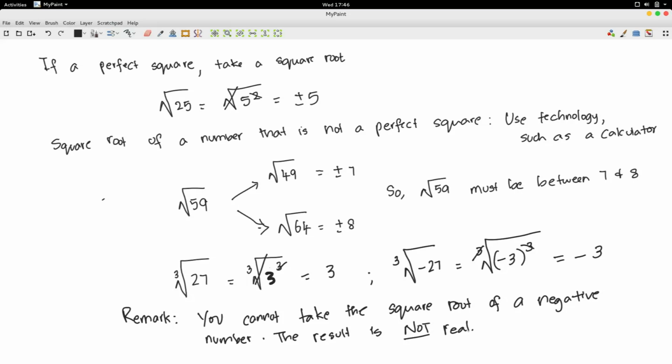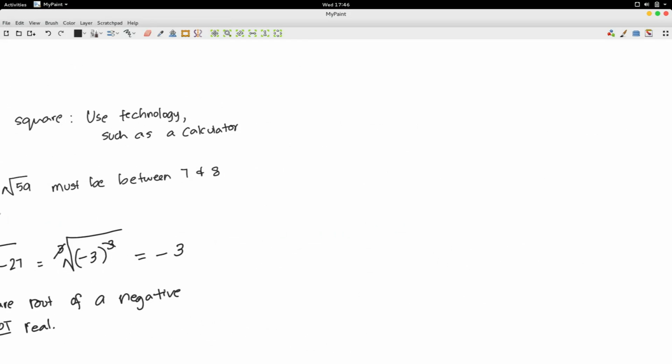So go ahead, try it in your calculator. Try to take the square root of a negative perfect square. For example, try square root of negative 36 using a calculator, and it is very likely the calculator, unless it's extremely scientific, will give you an error.